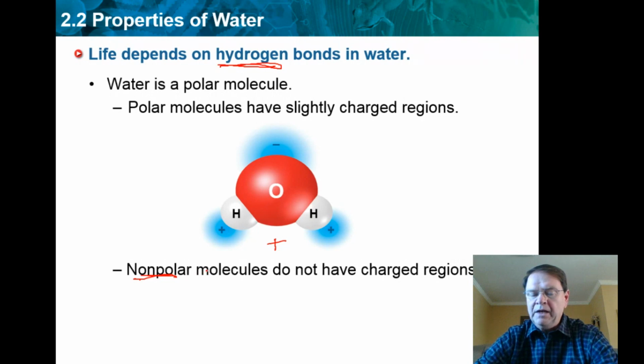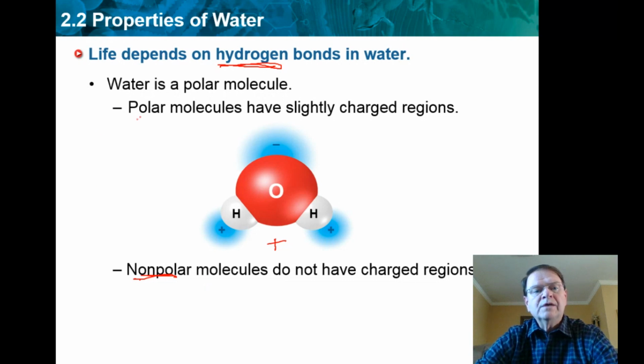There are many other molecules that we'll look at in the near future that have a relatively even distribution of electrons, a relatively even distribution of charge, and so they're not going to act the same way as water does, and furthermore, they're not going to interact with water in the same way that many other molecules do.